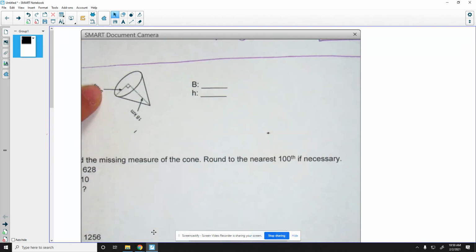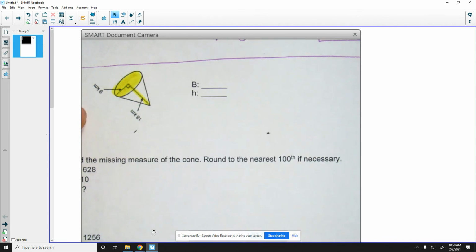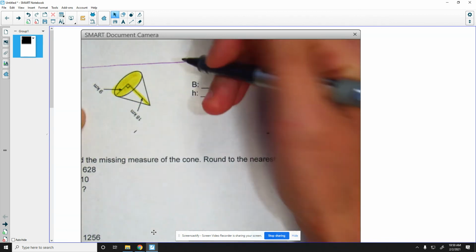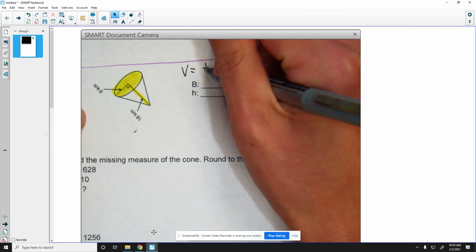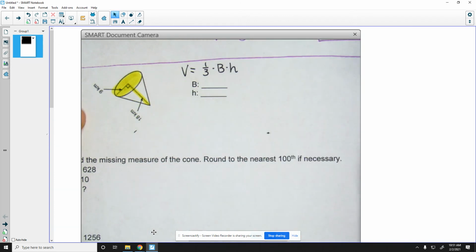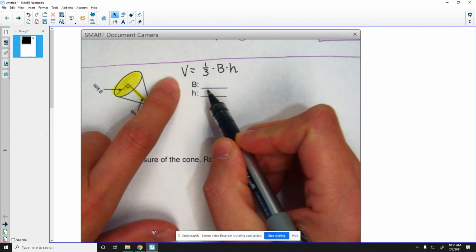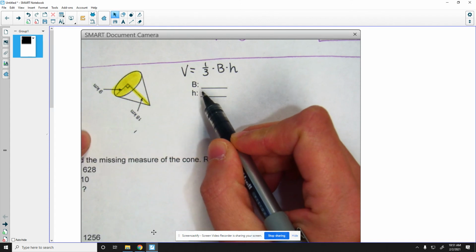All right. I have one more cone. My base is always the circle. My height goes through the whole shape. So remember how we said the formula is capital V equals 1/3 times base times height. So capital B. Hannah, what do I have to do to find capital B?